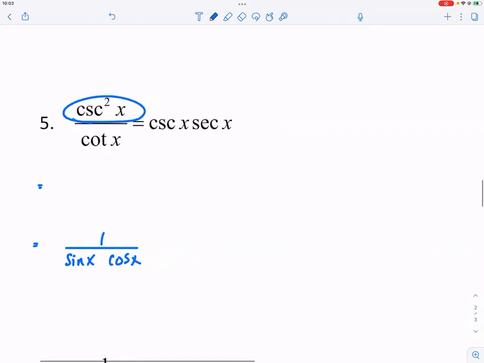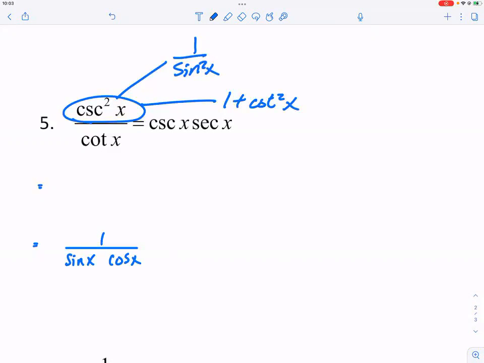Like what we said earlier, you got options. You can think about this as 1 over sine square x. You can also think about this as 1 plus cotangent square x. Which one is more applicable here? The first one or the second one? Well, it seems like the first one is more applicable here because we don't see any addition on the right-hand side.